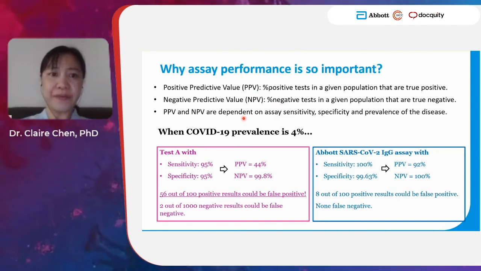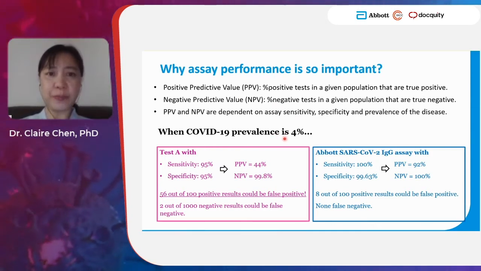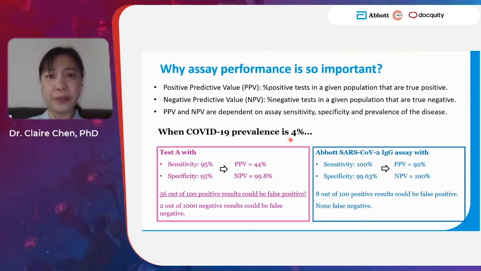The NPV and PPV can be calculated from the assay sensitivity, specificity, and the prevalence of disease in the population. This gives you two examples for a population with a COVID-19 prevalence of 4%, which is maybe a typical prevalence.